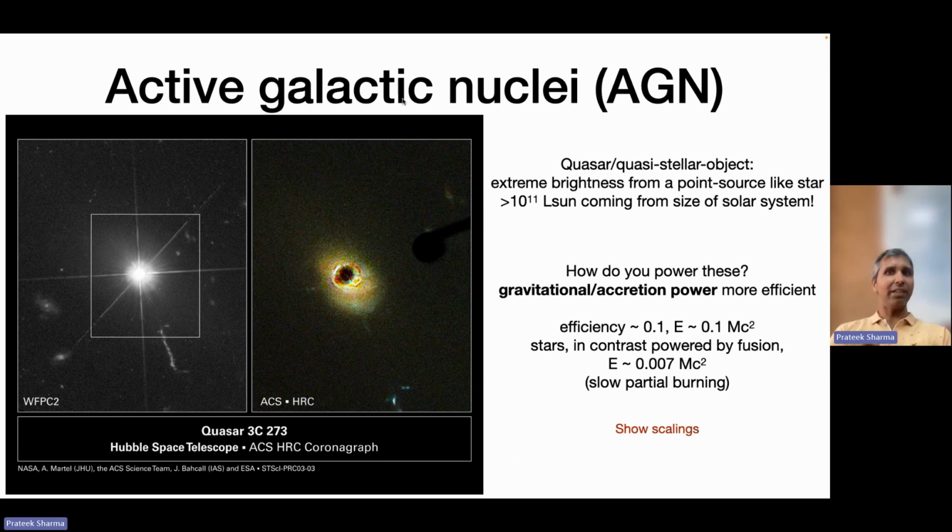So active galactic nuclei, or AGN, are a class of galaxies which can show activity at their centers. And this activity is powered by accretion onto the central supermassive black hole.